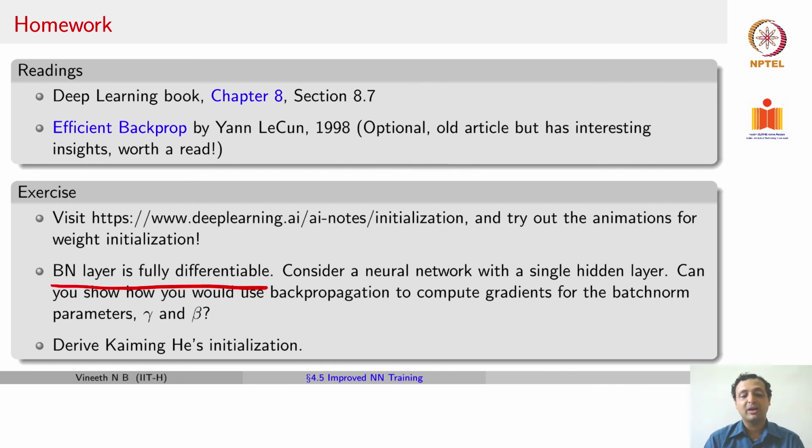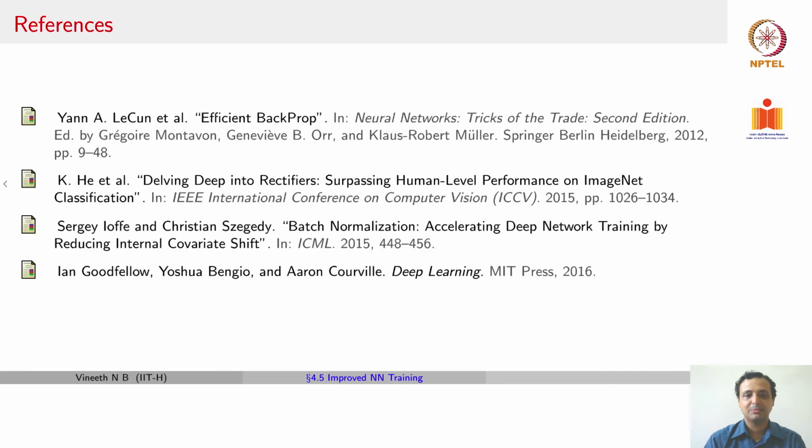Can you try finding out how you would compute gradients for the batch norm layer? By looking at it, you can make out that it's simply a multiplicative factor and an additive factor, which should be differentiable. But how would you get dou L by dou gamma and dou L by dou beta? Please work it out. And as we already left behind, derive Kaiming He initialization. Here are some references.